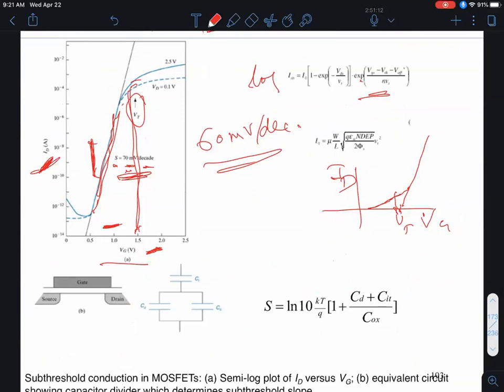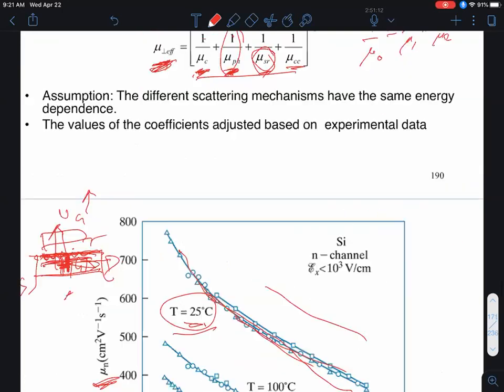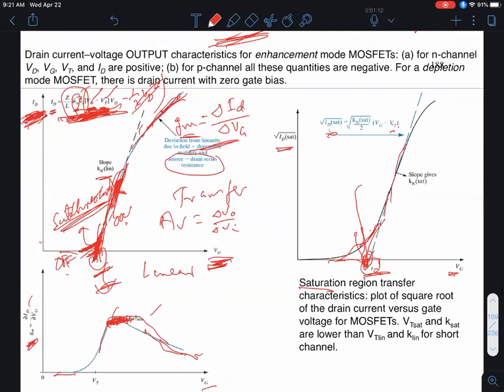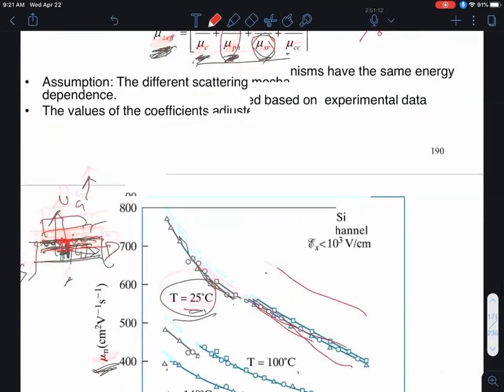So here, I'm looking at the transfer characteristics once again, which is the output drain current as a function of the gate voltage, but on a semi-log plot. So now I'm looking at the log of the current. Notice this is a log scale on the vertical axis as a function of linear gate voltage, while the previous curve was a linear plot of linear drain current versus linear gate voltage. Now I'm taking the log of the current as a function of gate voltage and focusing on this region, okay?